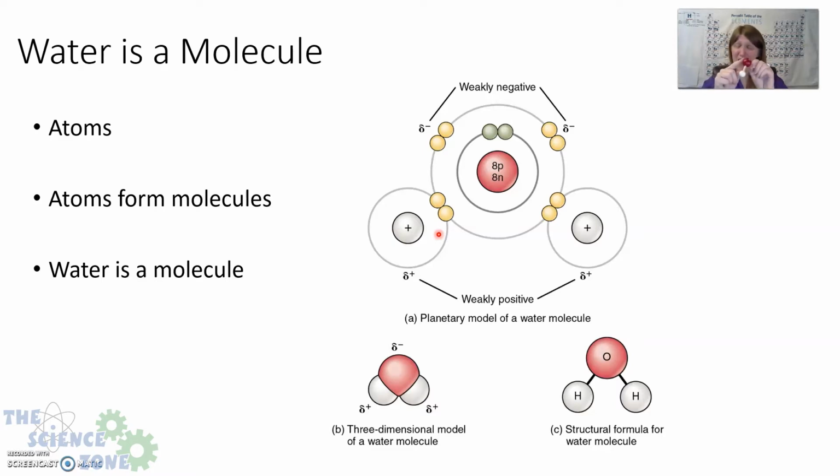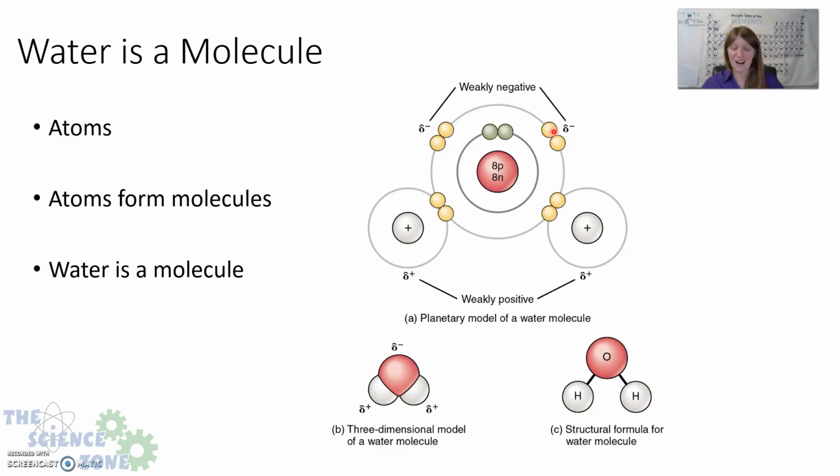Now let's look at the top of the oxygen molecule. You see 2 pairs of electrons, and those 2 pairs of electrons smooshed up at the top of the molecule give the top of the molecule a weakly negative charge. That means that these hydrogens at the bottom have a weakly positive charge.